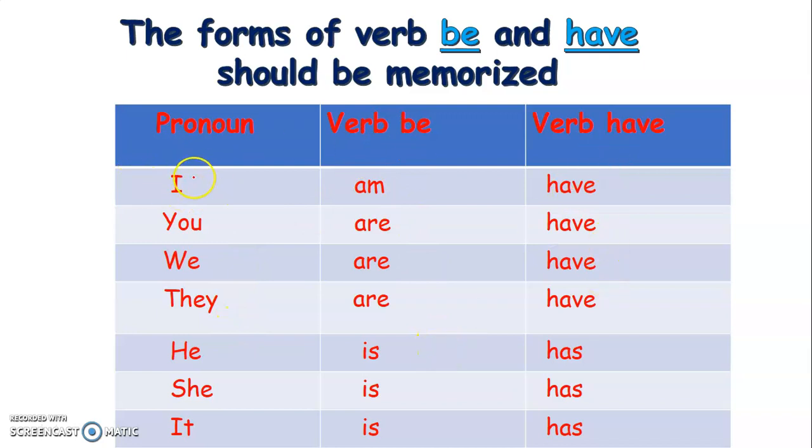Let's start with the verb be. I am, you are, we are, they are, he is, she is, it is. Verb have, I have, you have, we have, they have, he has, she has, it has.